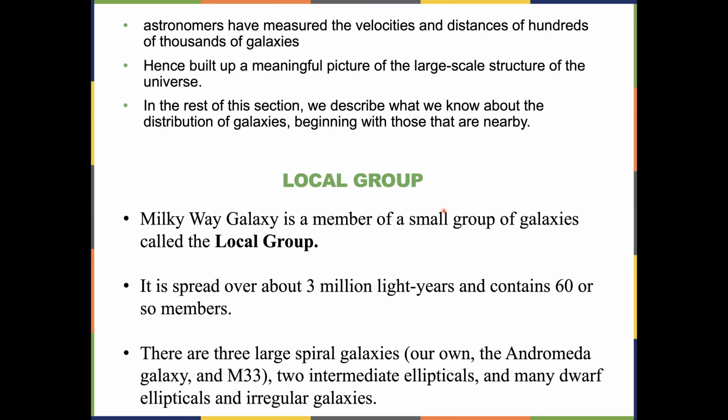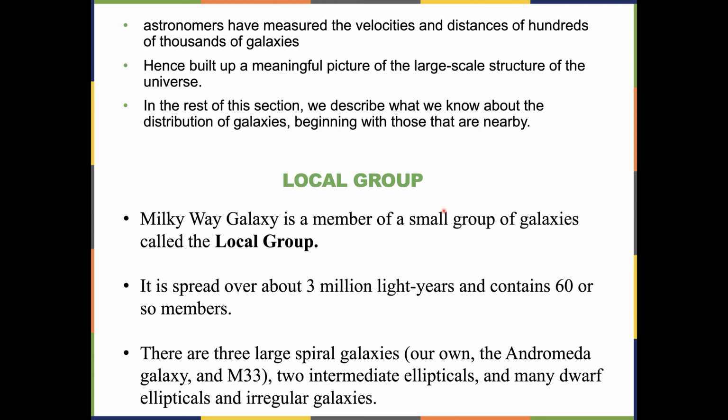So the rest of this section, what we are going to describe here is what we know about the distribution of galaxies, starting from the nearby galaxies, right? From the nearby, what we have is something called the local group. The Milky Way is a galaxy which is a member of this local group.